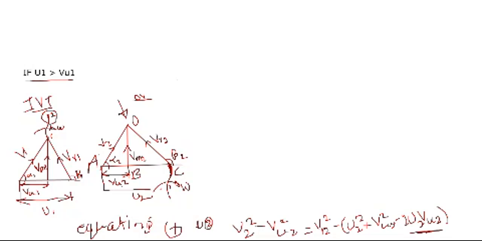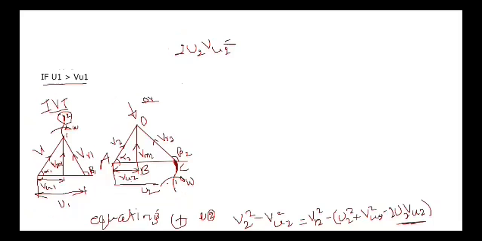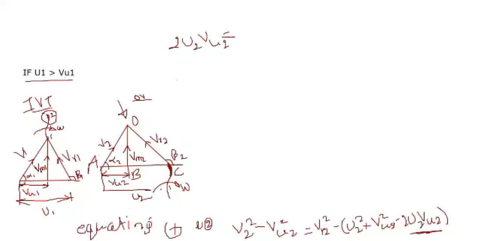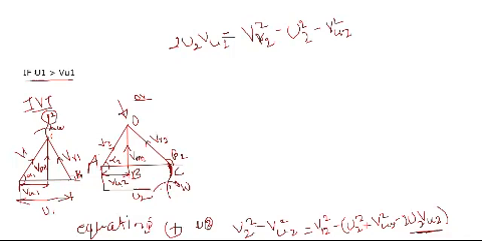So 2u2 Vu2 is equal to, I will take this on one side and the rest on the other side, Vr2 square minus U2 square minus Vu2 square. I will take V2 and Vu2 to the right side.